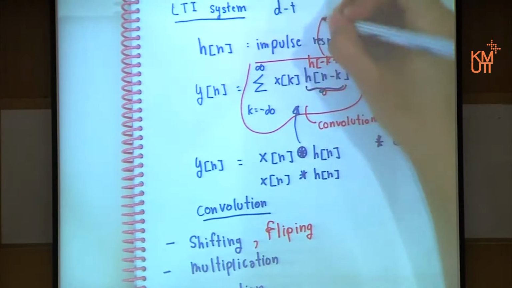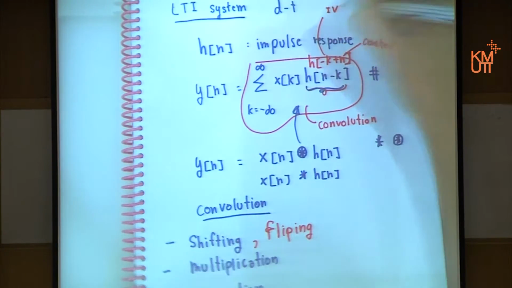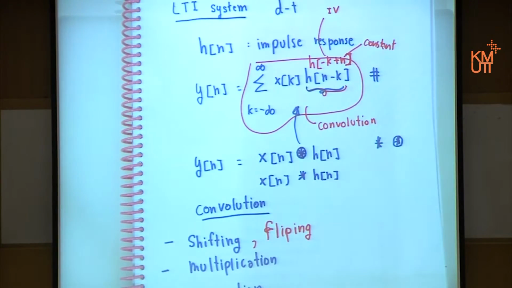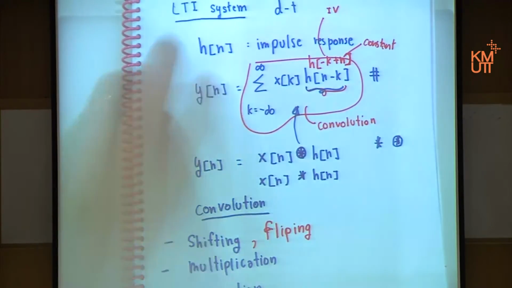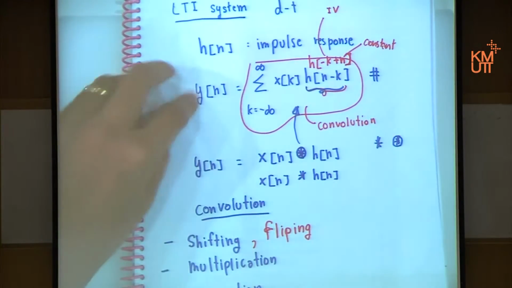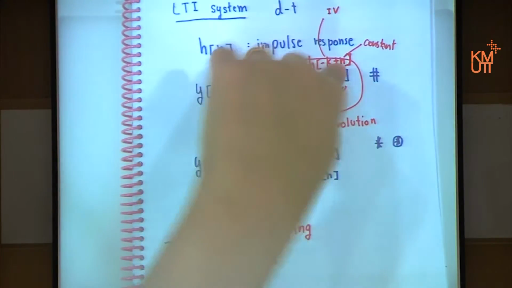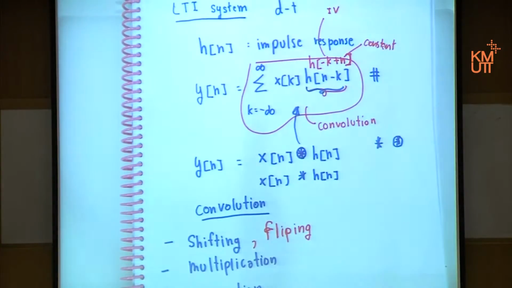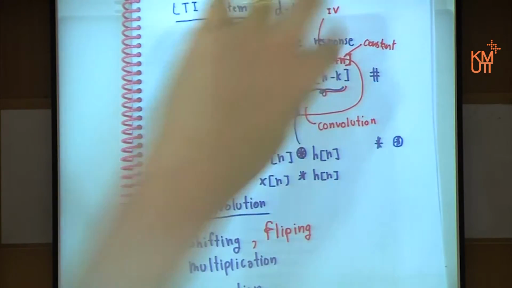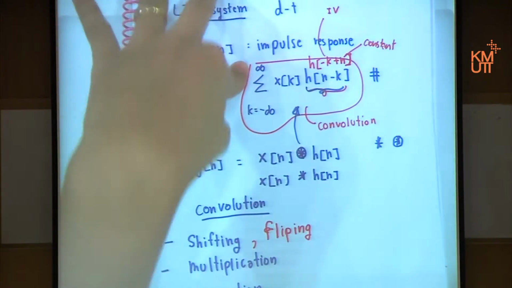Whenever you find another value of y, suppose you want y[1], n is a constant value equal to 1 and k changes from minus infinity to infinity as well.